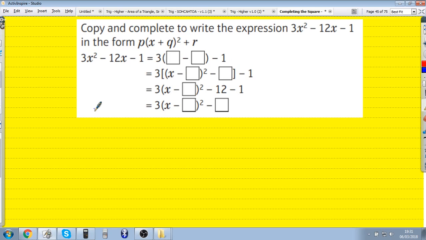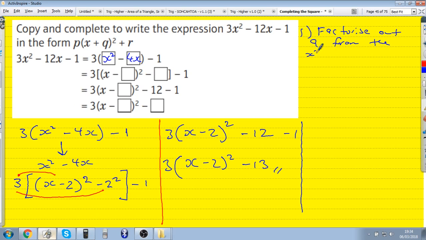Factorize out A from the x squared and x terms, and not the c term. Step 2 is complete the square.